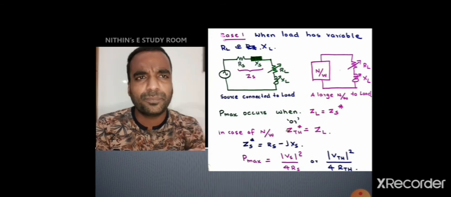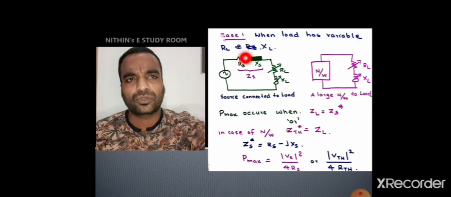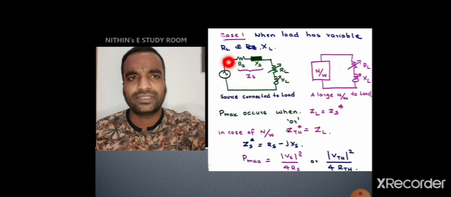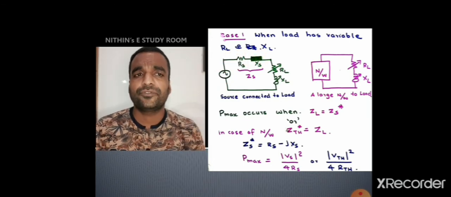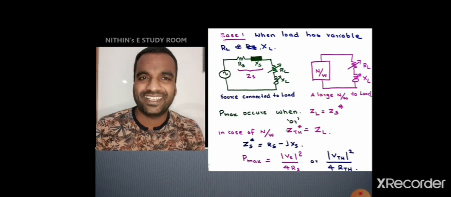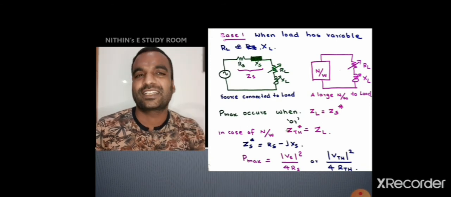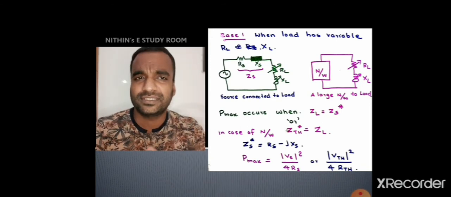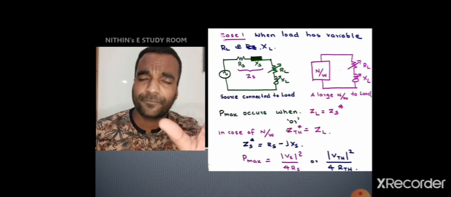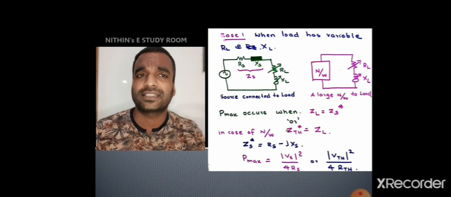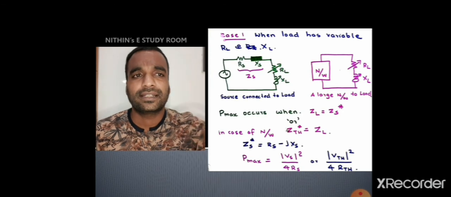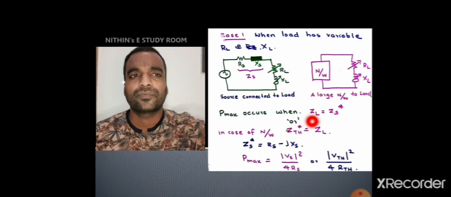In some simple problems, you may get a question like this also: a single source with its resistance and reactance. If you get such a problem, you are lucky. You don't need to go for Z Thevenin and all, because that voltage source is itself V Thevenin and that impedance itself is Z Thevenin. You can take ZL is equal to ZS star.